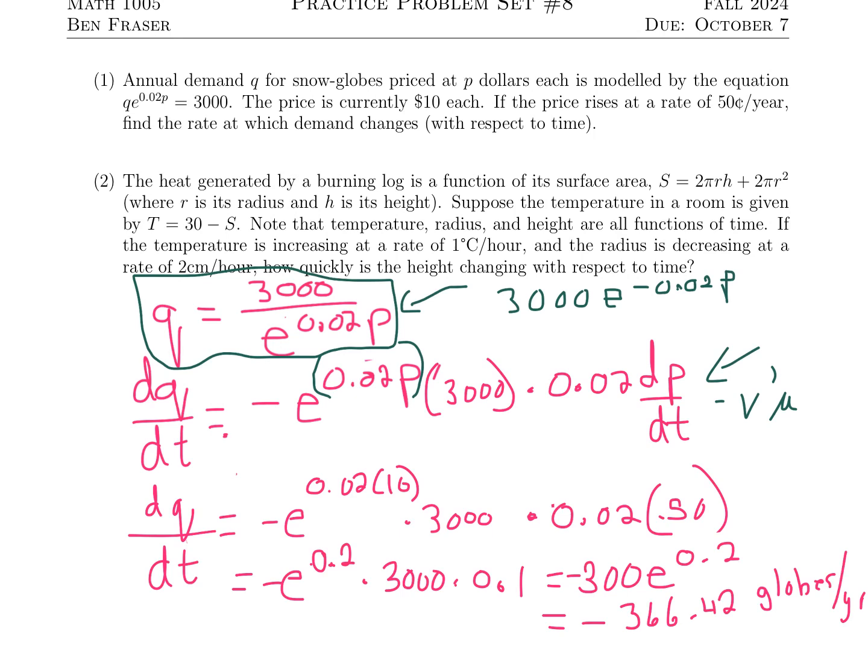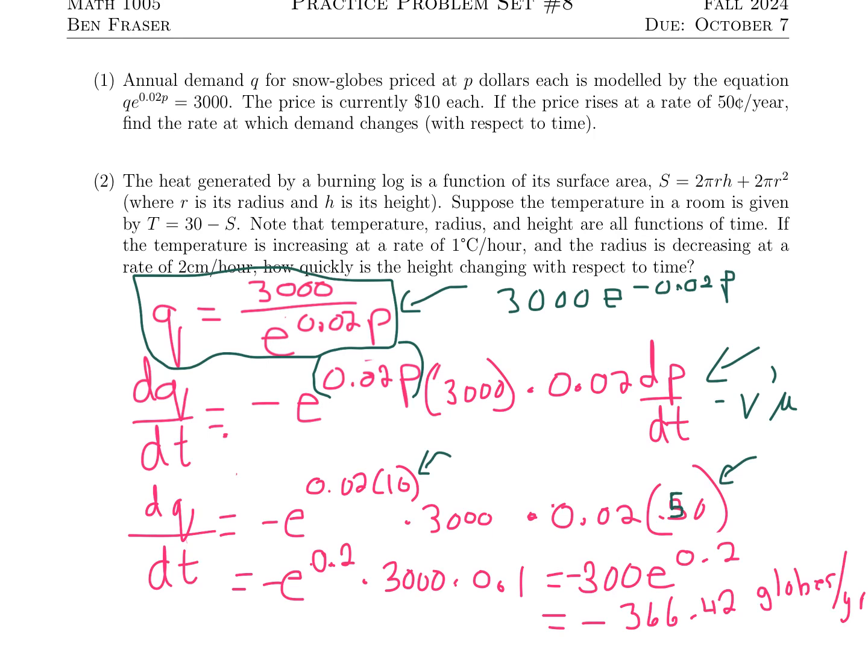So now I'm going to fill in the values that they gave me. They said that p starts at $10 and that p is going up by 50 cents per year. So that's why I entered those values in the next line of the solution. Everything is filled in, which means I can put it in a calculator and get an answer. The answer I got is negative 366.42 globes per year.